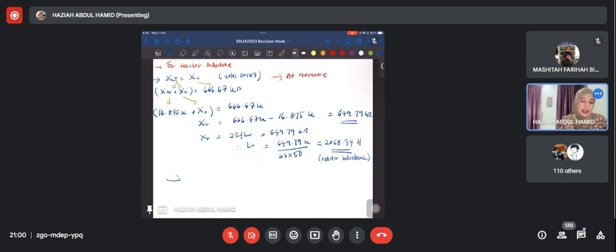You know that XL equal to omega L, omega equal to 2 pi F. F given 50 Hertz. XL already obtained 649.79. And then you will get this reactor inductance. So this is final answer.